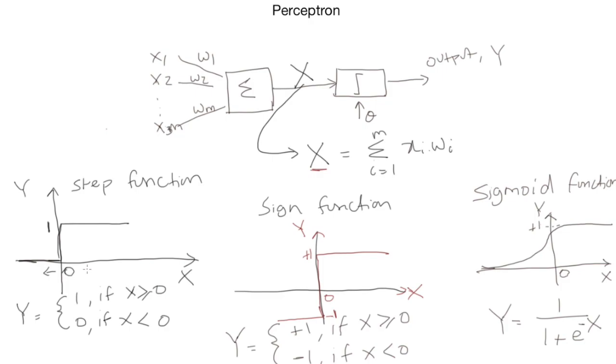In all these activation functions, the threshold is currently set to 0. What effect does the threshold have on the activation function? So let's say if I choose the threshold to be set to 1, the graph shifts to the right by 1 unit.